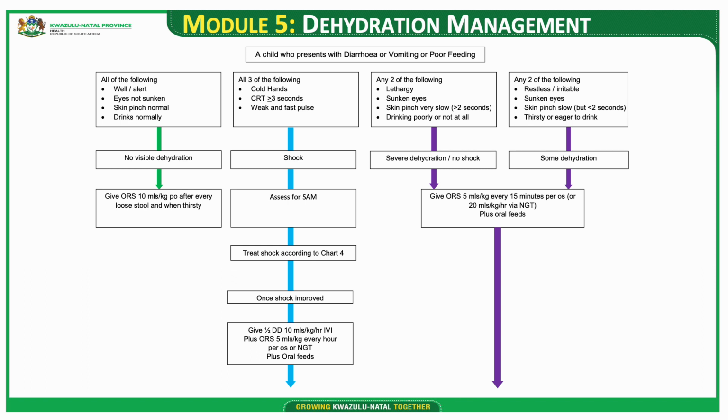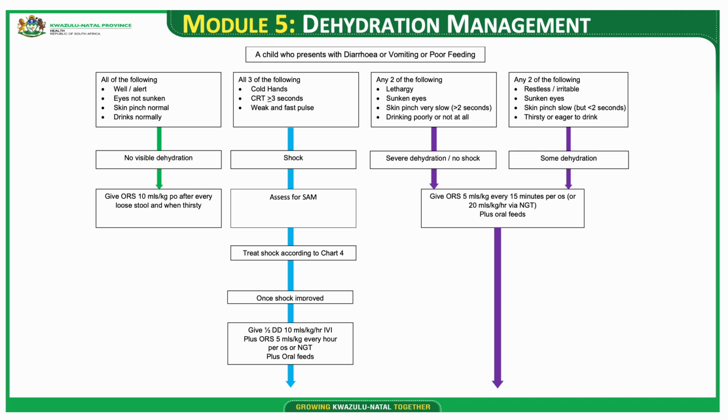If we now look again at the children who have severe dehydration with no shock, or some dehydration, the management is the same except the classification of emergency versus priority. For fluid management, we would attempt to initially give them oral fluid.